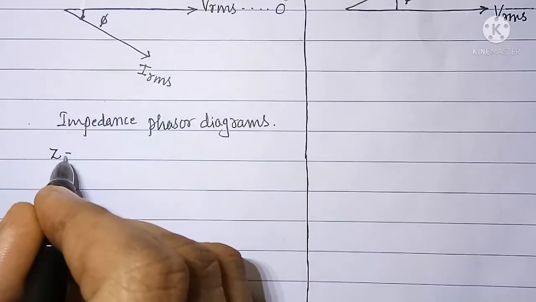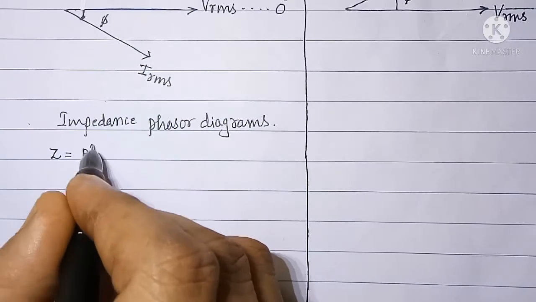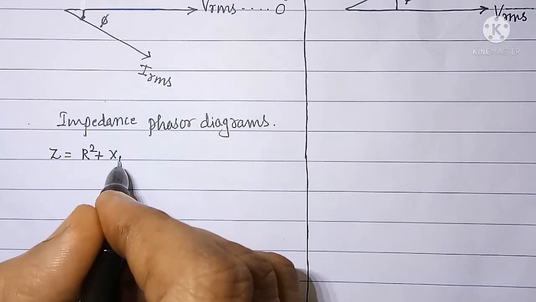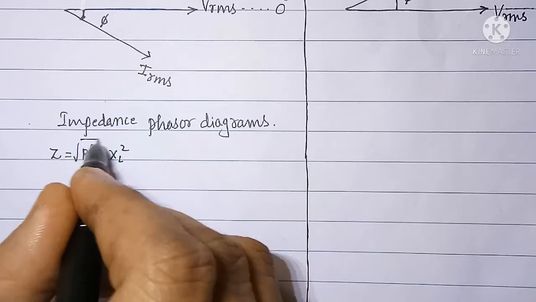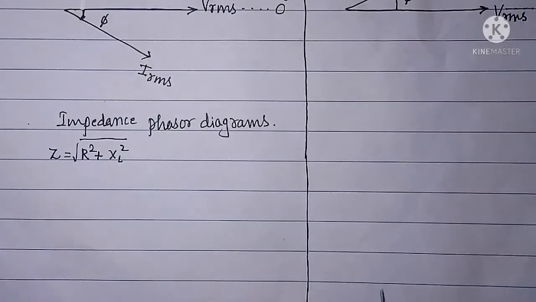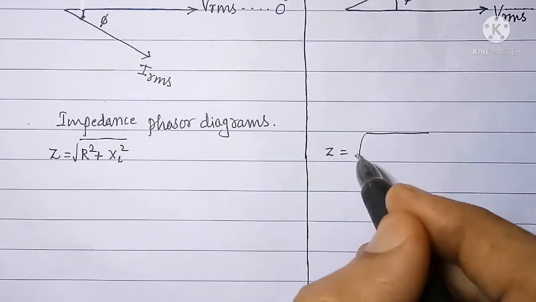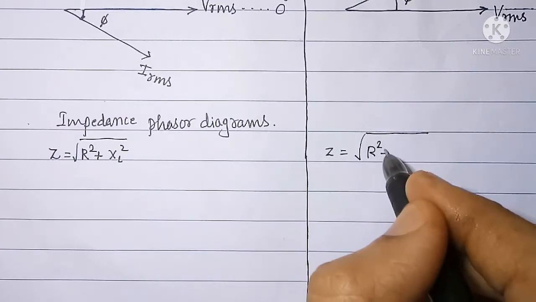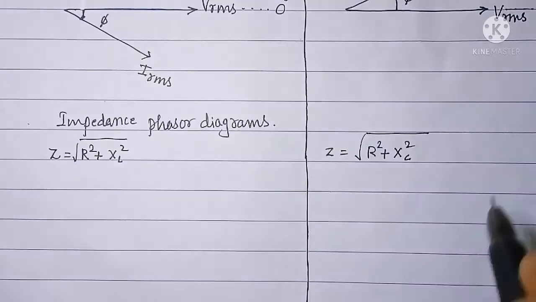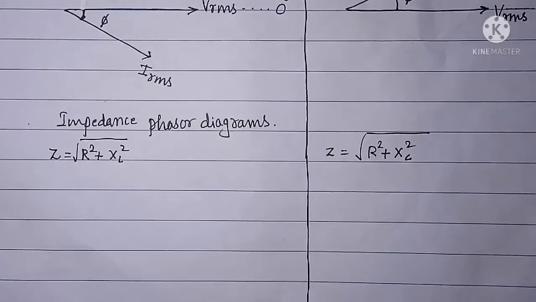We are having Z equal to R square plus XL square under root in inductive circuit, and Z equal to R square plus XC square under root in capacitive circuit.